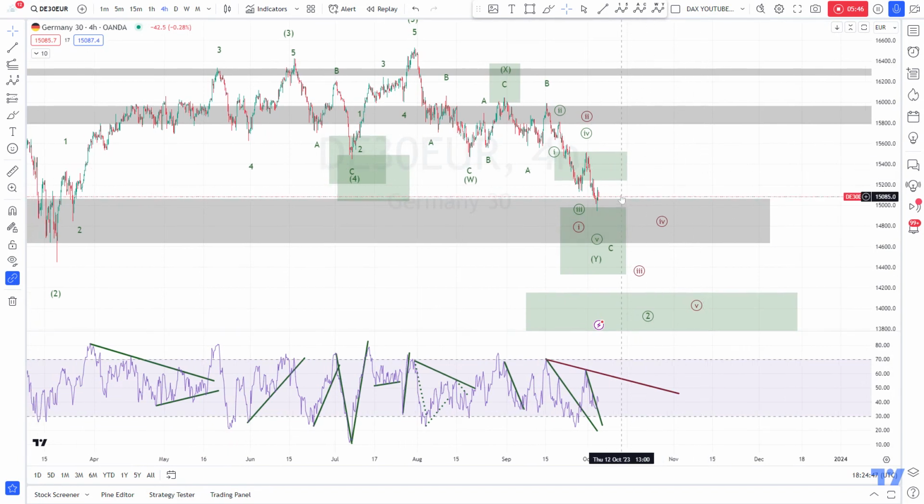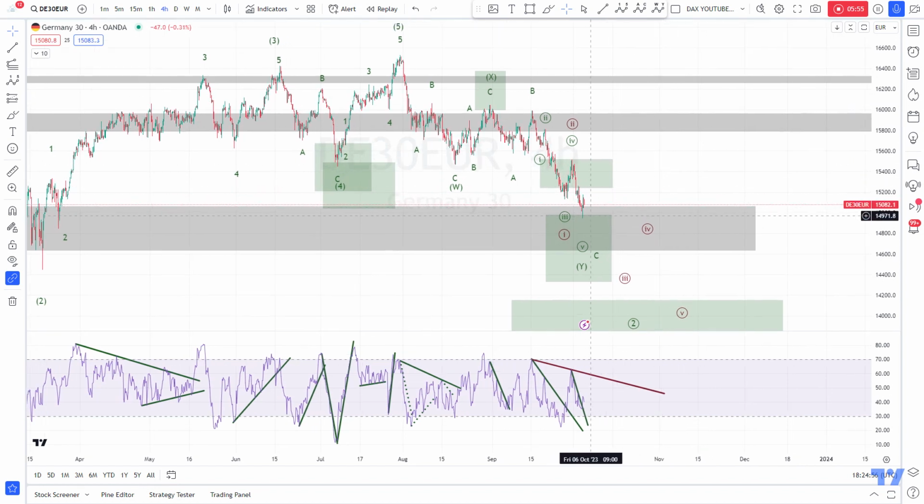This is not something we should worry about. What will play out next from here is not something we should worry about now. We will see later in time, once we get price data here, how to interpret this.